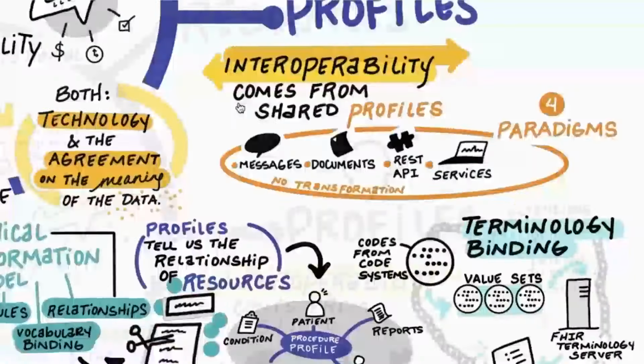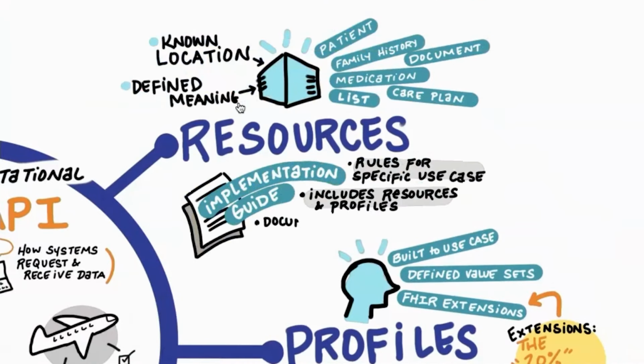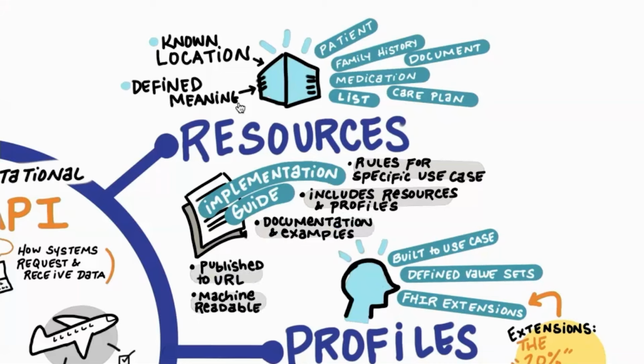And that brings us to the last concept I want to talk about, which is sort of the end game of FHIR, and that is FHIR implementation guides. So a FHIR implementation guide is all of the FHIR profiles and extensions and vocabulary bindings that you need for a particular use case, whatever that might be.